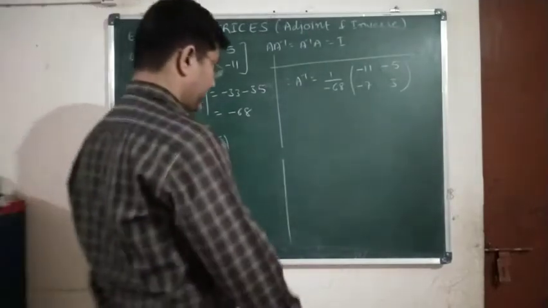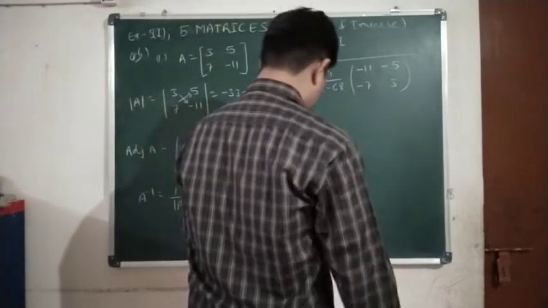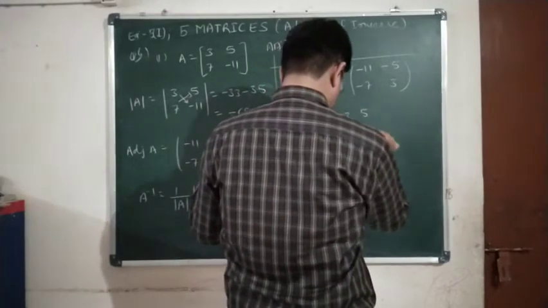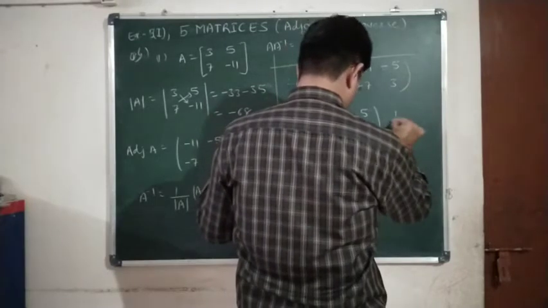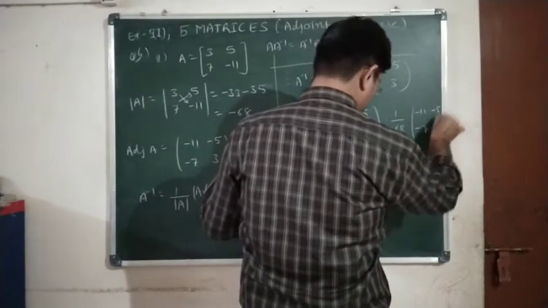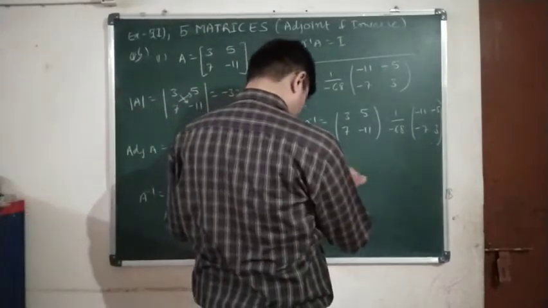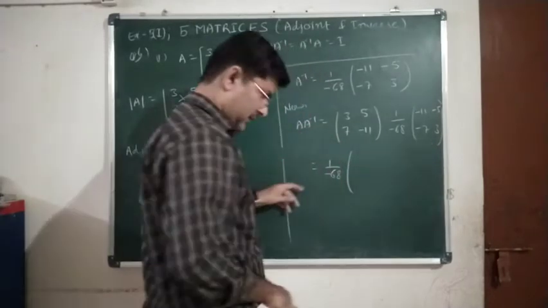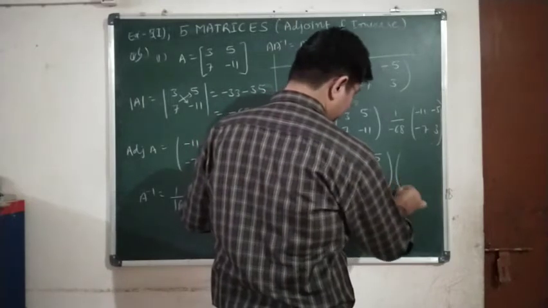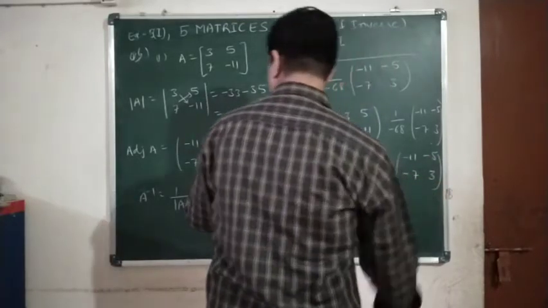Now A into A inverse is matrix A, 3, 5, 7, minus 11, into minus 1 upon 68 times minus 11, minus 5, minus 7, 3. This constant can be placed first, so we can write minus 1 upon 68 into the product of the two matrices.